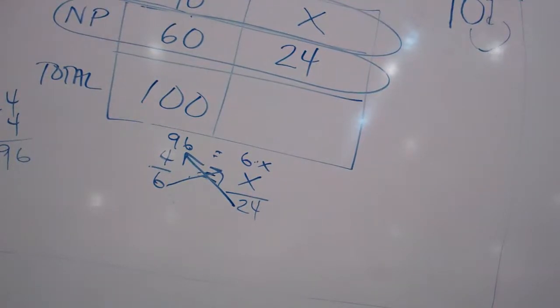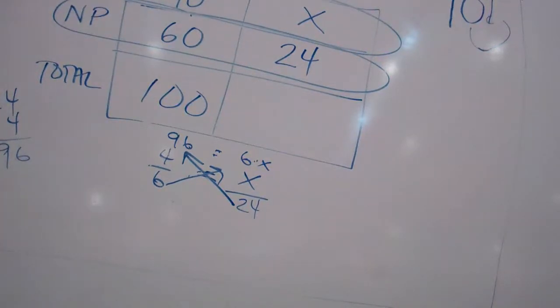So what will I do to get my answer? 16 is the answer. How do we get that? 6 times 4 equals 24.